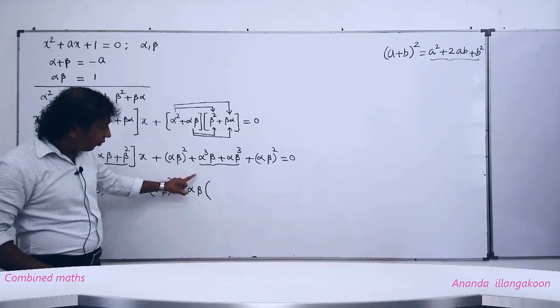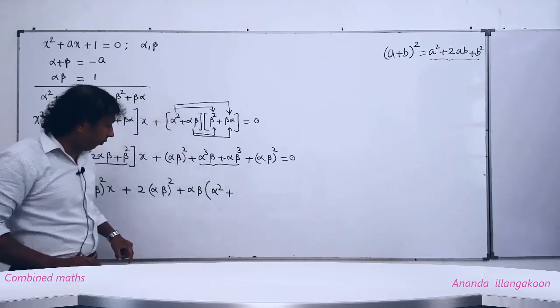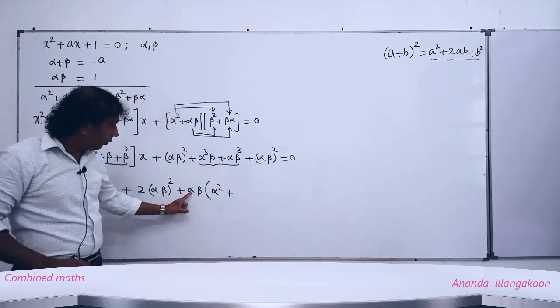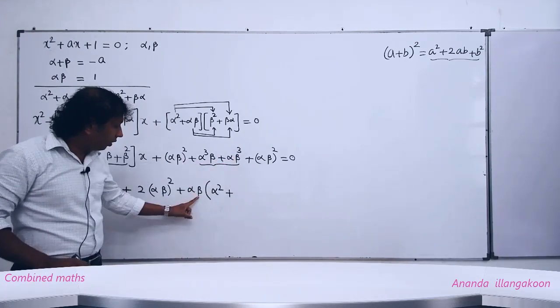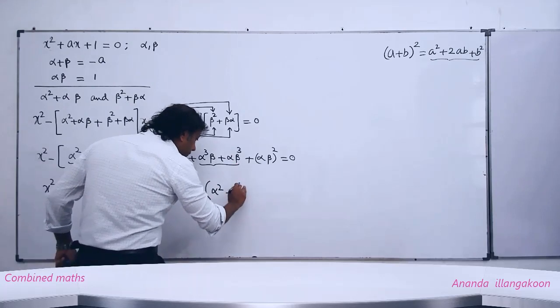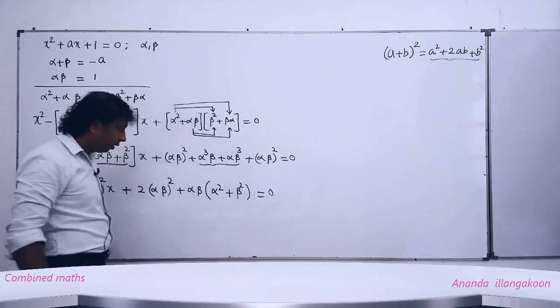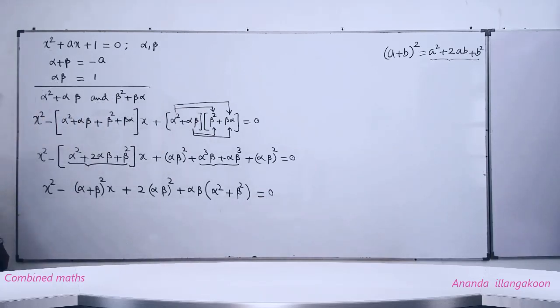One alpha also from this alpha cube, when you take, another alpha squared comes within bracket plus. Here, we take alpha out. From this beta cube, we take another beta, then another beta squared is there, right? Equals 0. Right. Okay. I think up to here you can very clearly understand.